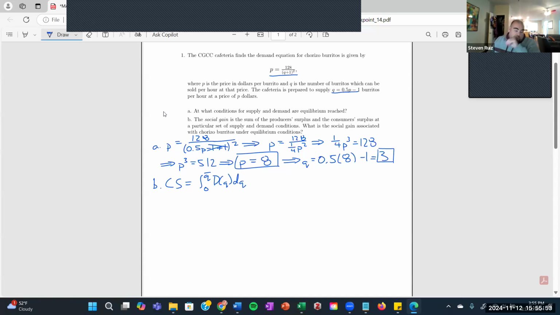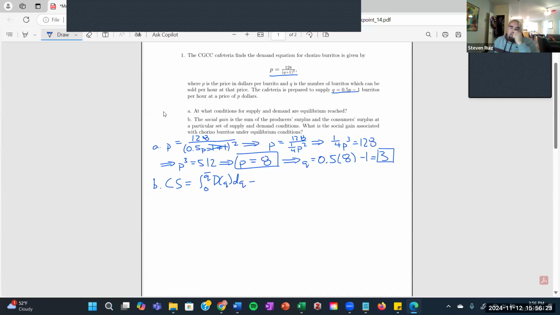But it's surplus, so I don't want all the area underneath that demand curve. I'm looking for the area between the demand curve and what the customers actually spent.